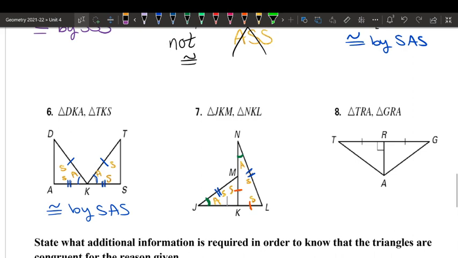Nope. That's not a postulate. So these are not congruent. It doesn't matter that they look like they are. They may be, we just don't have enough information given to say that they are. We can't prove it.